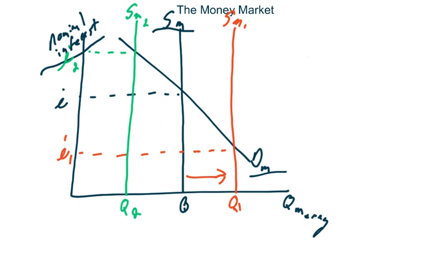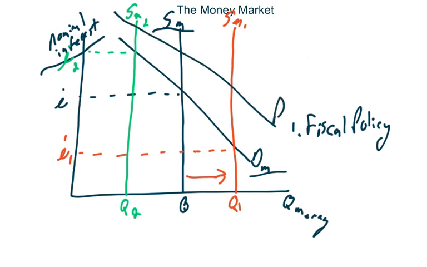We can either increase the demand for money or decrease the demand for money, right? And these shifters are fiscal policy. Obviously, if the government is conducting deficit spending, spending money we do not have, they're going to drive up the demand for money and raise interest rates that way, right? So the first shifter is fiscal policy.